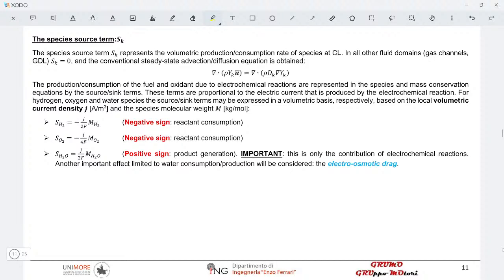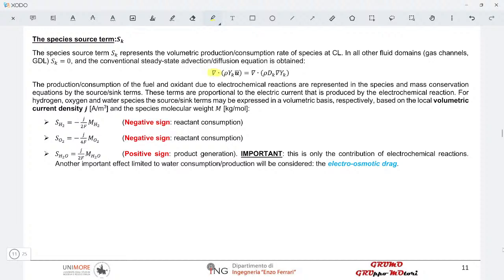Yeah. So we talked about the diffusion coefficient. We also have to talk about the source term, this S_k that appears in the last term. In most of the regions of our fuel cell, that S_k term is 0. I mean by this, everywhere apart from the catalyst layers. If we are in the gas channels, if we are in the gas diffusion layers, these species are just transported by convection and diffusion.